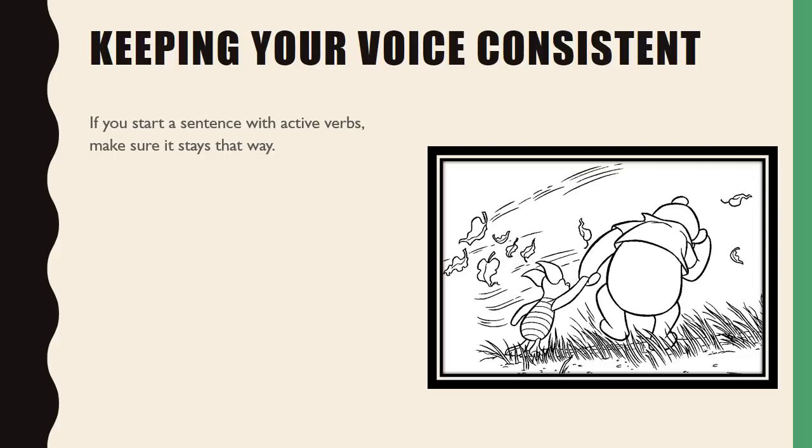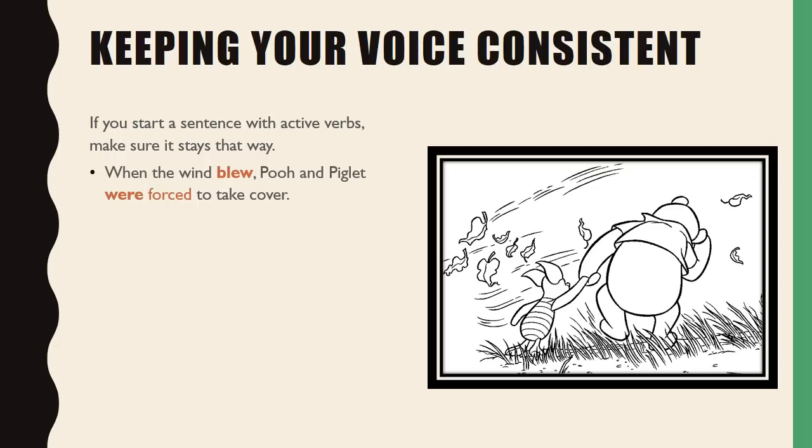So if we look at a couple of examples, this first example based on the picture on the right, we've got: when the wind blew, Pooh and Piglet were forced to take cover. We've actually got one active verb and then a passive kind of verb phrase there. Blew is the active verb, and then were forced is the passive version of that.